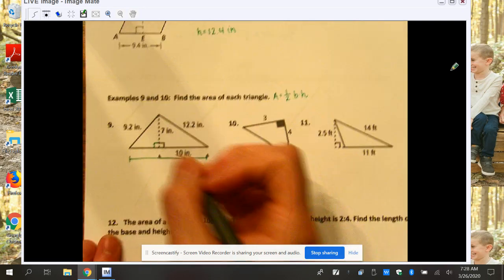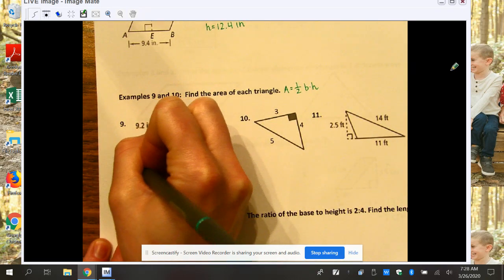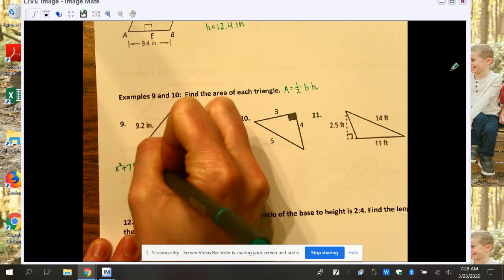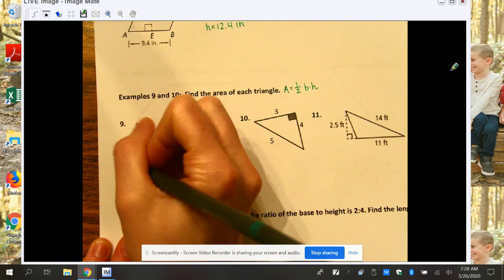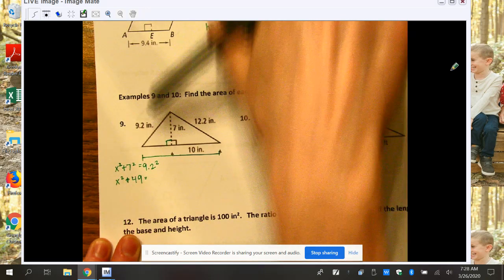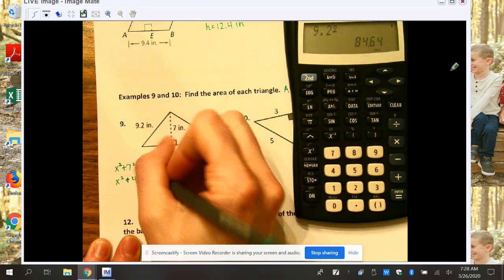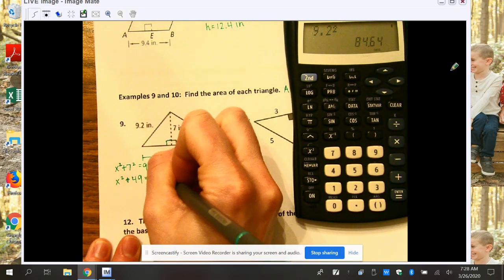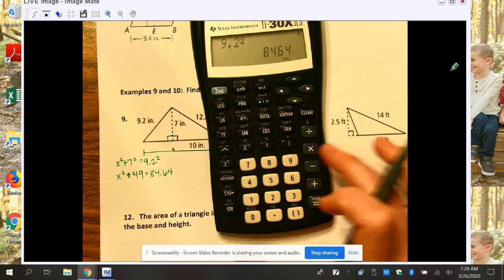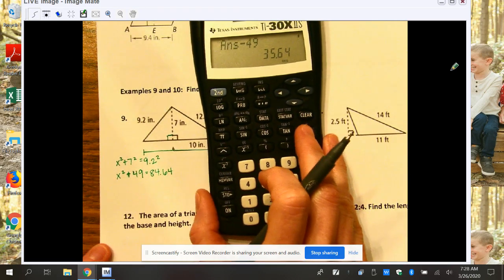So I'll set that up. So I'll do x squared plus 7 squared equals 9.2 squared. So 7 squared is 49. 9.2 squared is 84.64. And when I subtract 49 from that, I get 35.64.